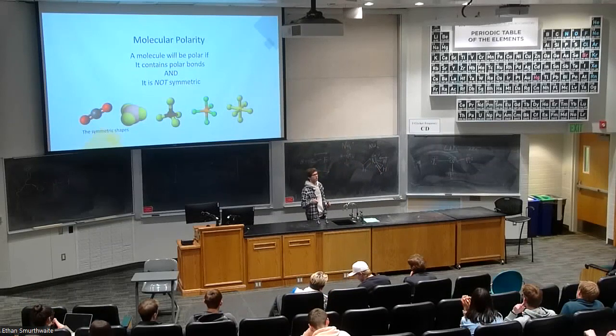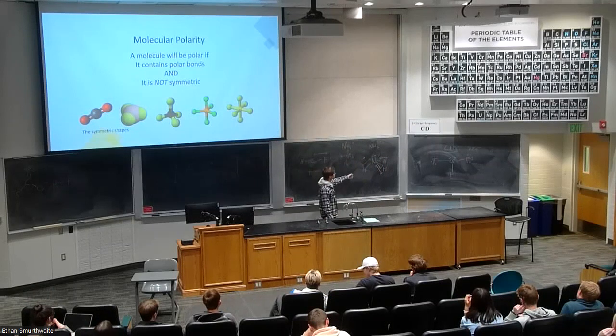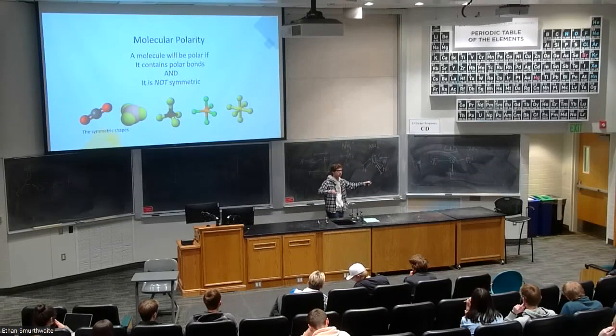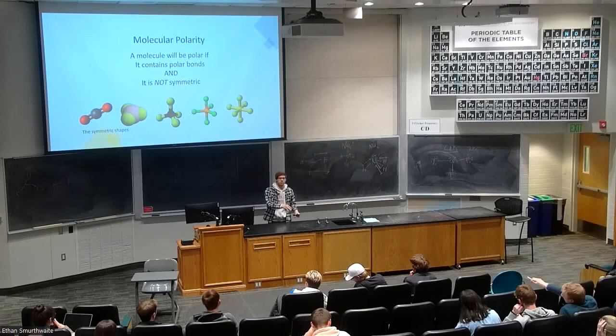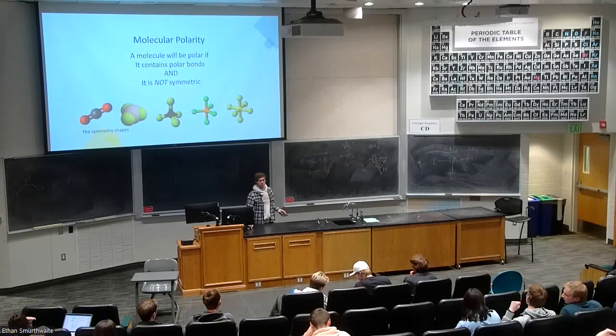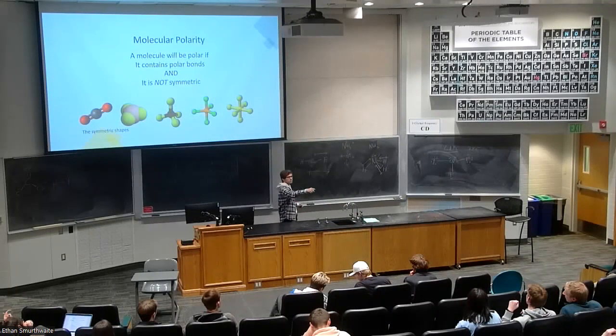It would go down. And what I'm trying to get at here is this lone pair. This lone pair doesn't contribute to polarity at all. It's just electrons floating around. There's no electronegativity difference because there's nothing it's bonded to. So that can trip a lot of people up. They see lone pairs and they're like, oh, well, it's polar because it's going that way.